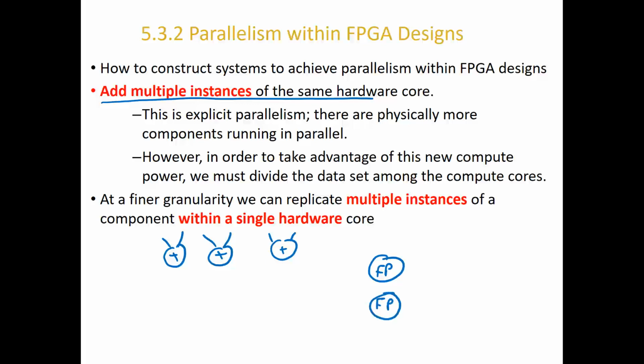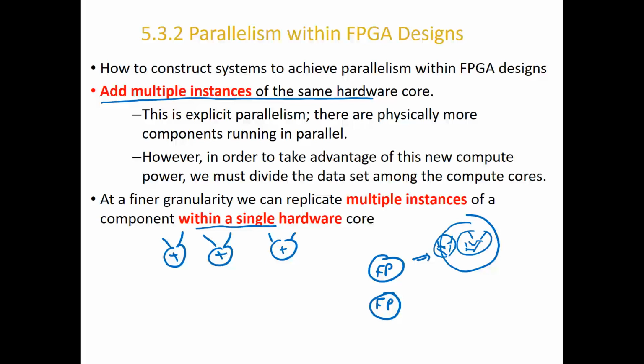But suppose you need to increase parallelism within a single hardcore. Let's say, for example, in this floating point unit, you realize that adding the fraction numbers in the adder takes a long time. To enhance the performance, you include another adder here that adds the fraction numbers to enhance the speed of it.